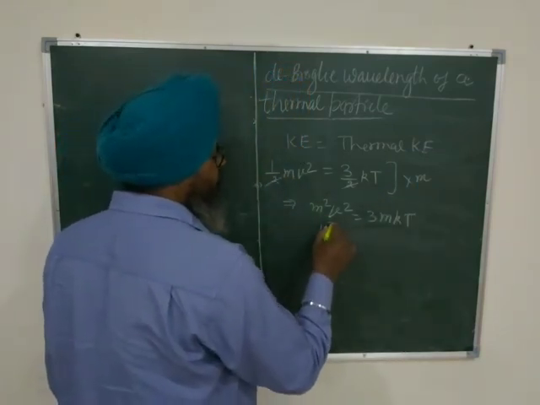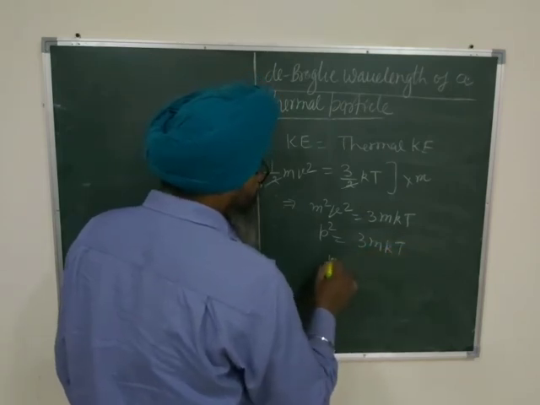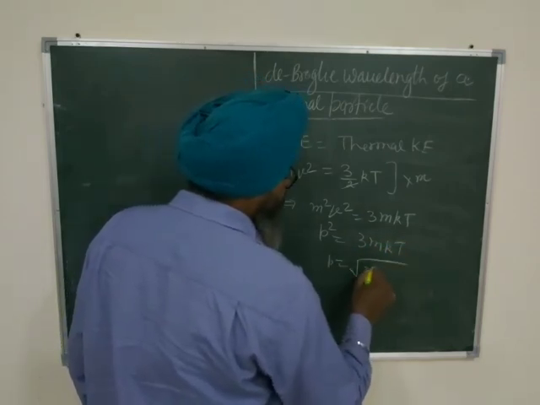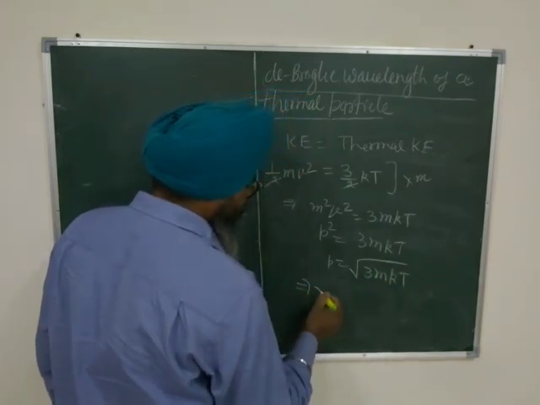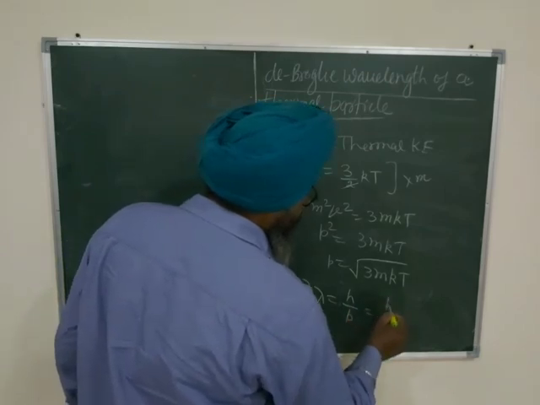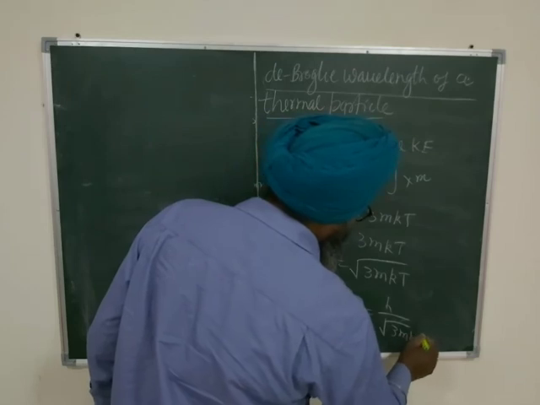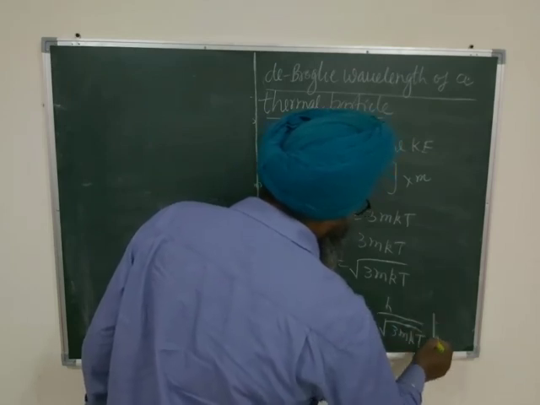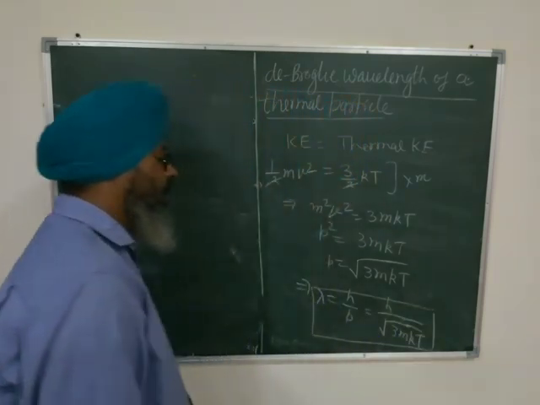This will become p square is equal to 3m kT, and p will be equal to square root of 3m kT, and therefore the value of lambda will be equal to h upon p, that is equal to h upon square root of 3m kT. Here kindly note that T, the temperature, must be in Kelvin scale.